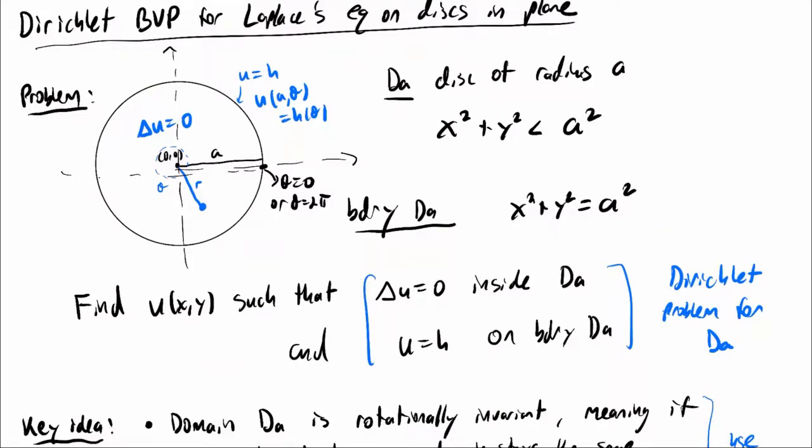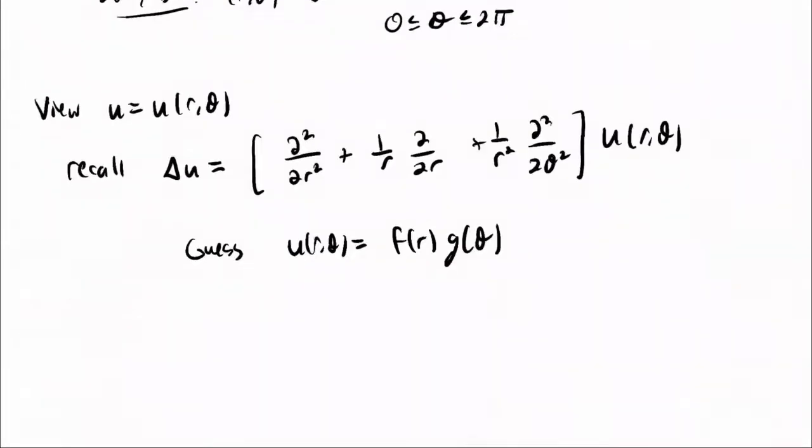And so, unless there's some kind of inconsistency, we need to require h to have the same value at one point. h is a function, it can't take two different values at the same point. And so therefore we want to require that h of 0 is equal to h of 2 pi. So this is a periodic condition. So we're going to require u of a theta equals h of theta.